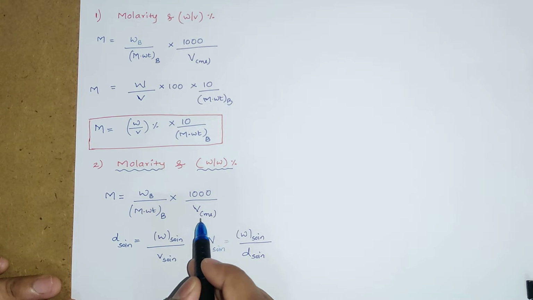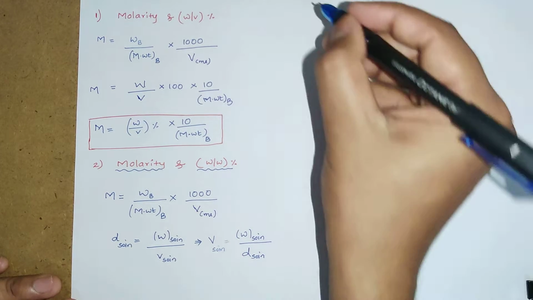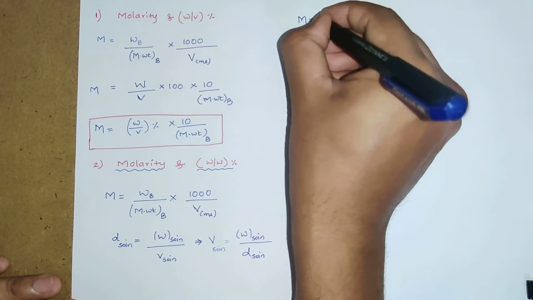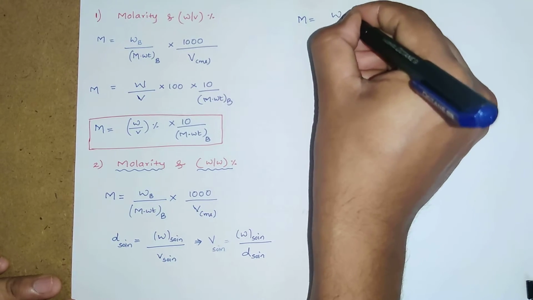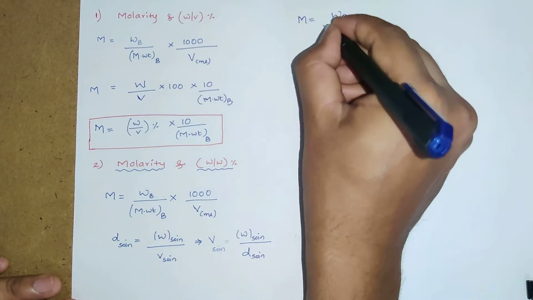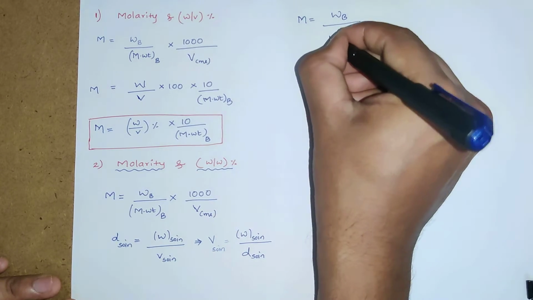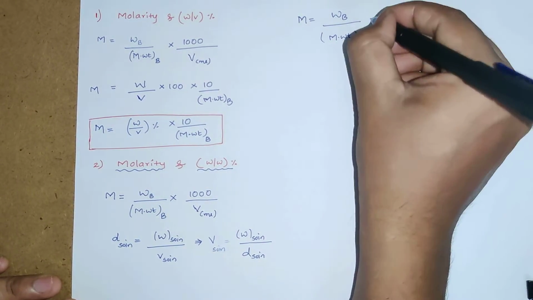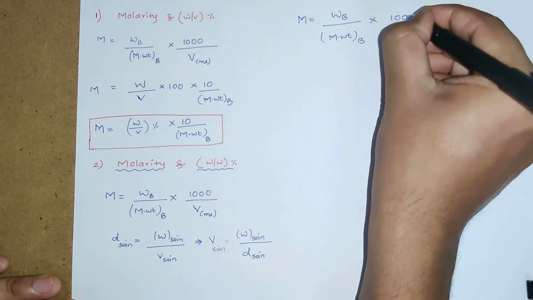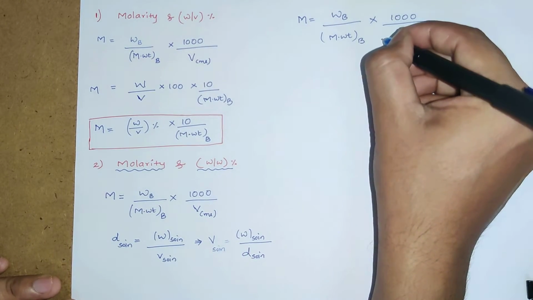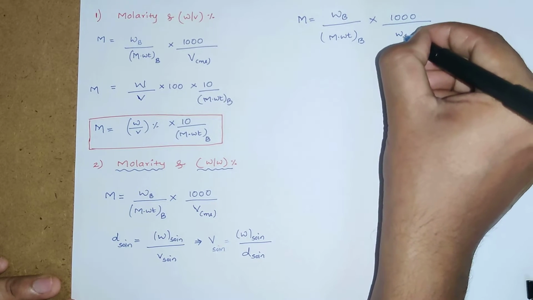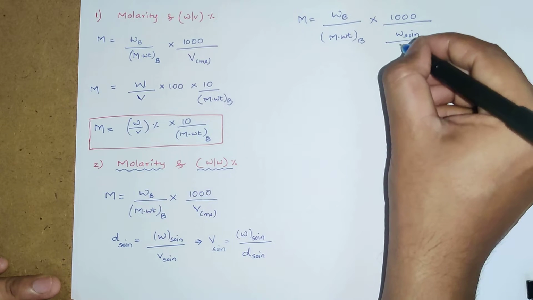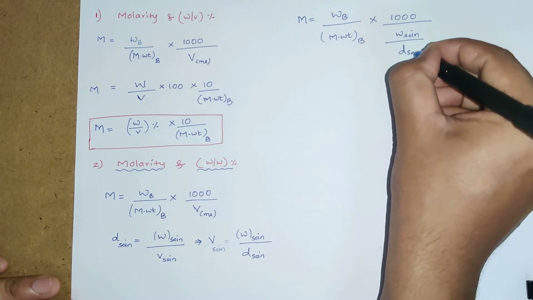In the volume of solution you can substitute this, then we get molarity is equal to mass of solute by molecular weight of solute into 1000 by, in the place of volume of solution, mass of solution by density of solution.